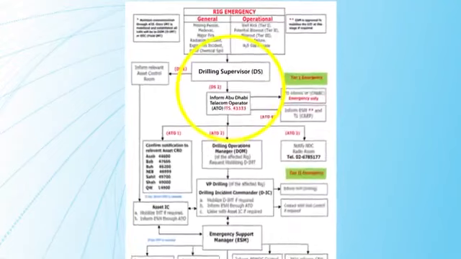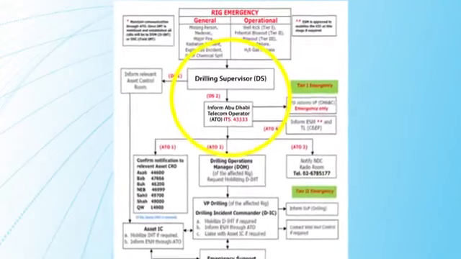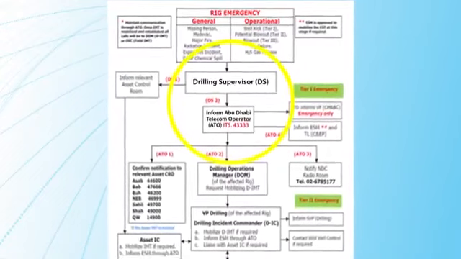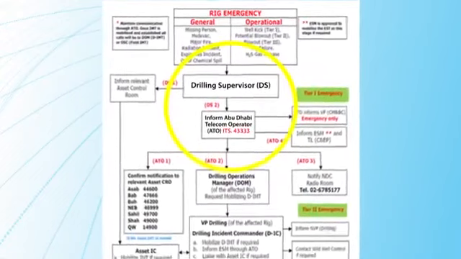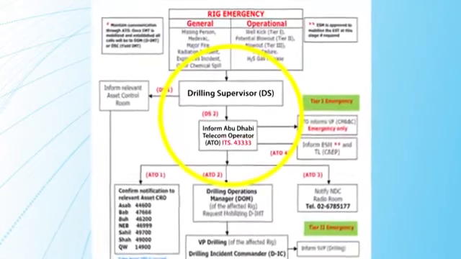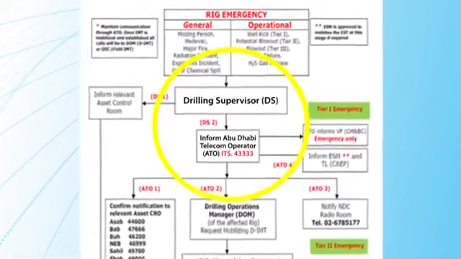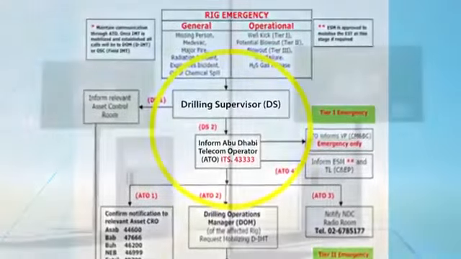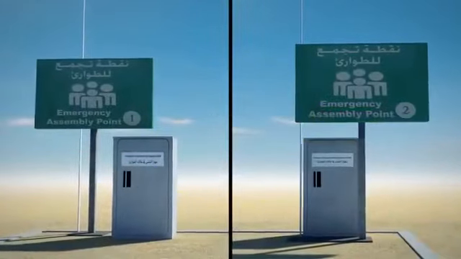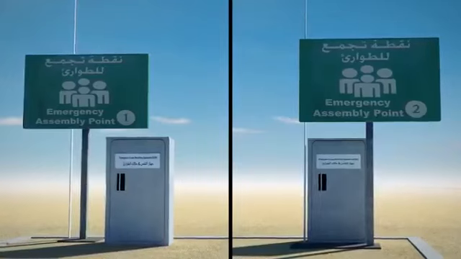Meanwhile, at the rig site, the on-scene commander, the ADCO drilling supervisor, will notify the Abu Dhabi telecom operator and the relevant asset's control room and raise emergency Tier 1, which activates appropriate emergency response teams. Unnecessary crew will be evacuated to the nearest assembly point.